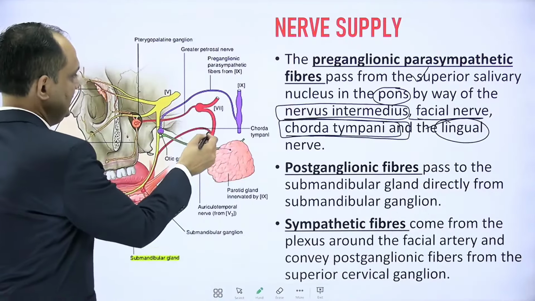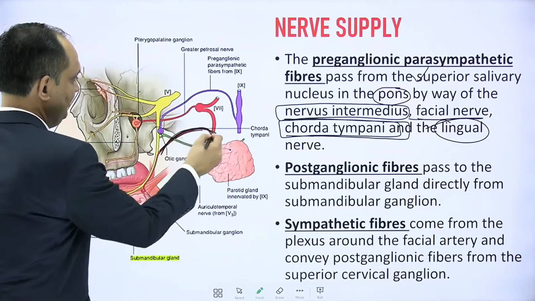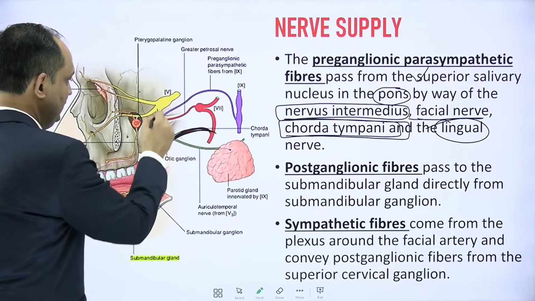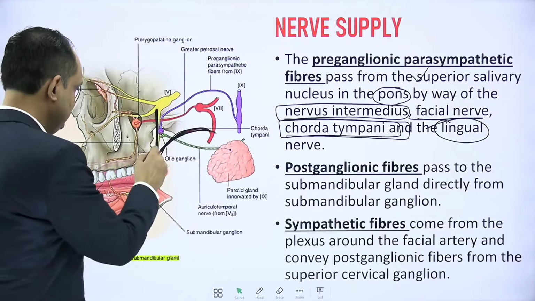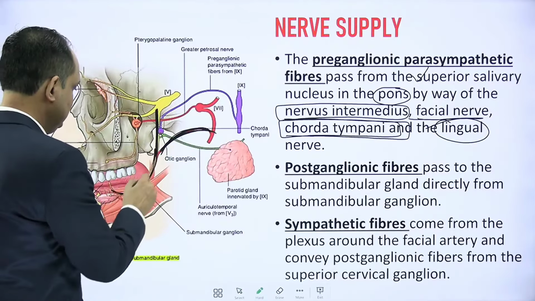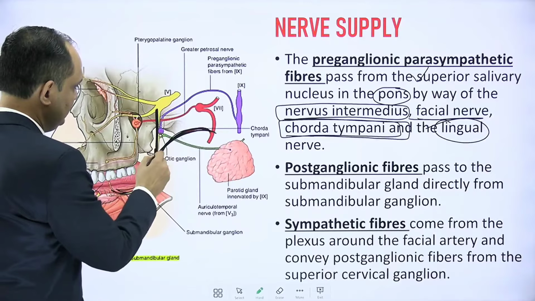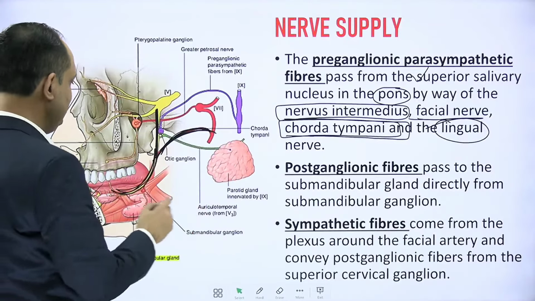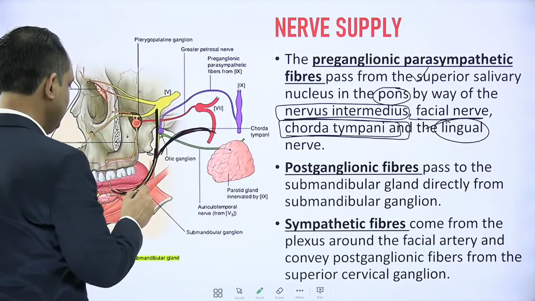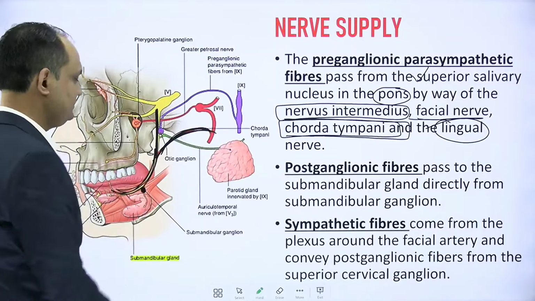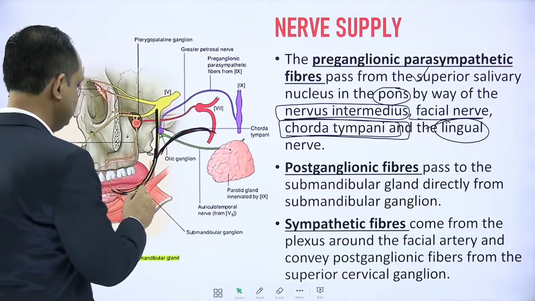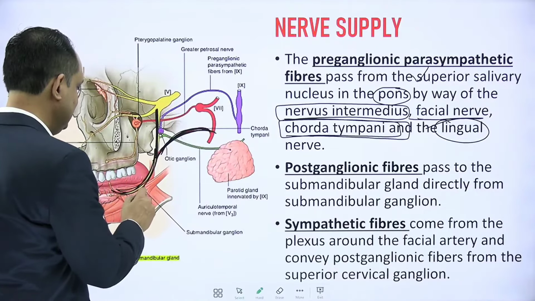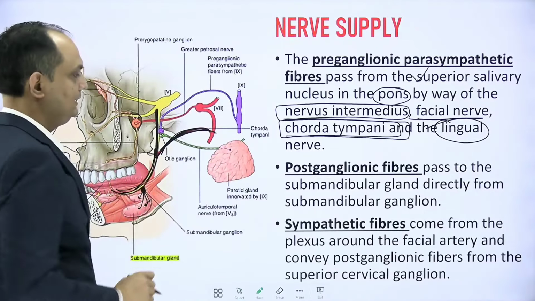Now, here you can see that this is your chorda tympani nerve, and this is your lingual nerve, which is a branch of your mandibular nerve. Now, this lingual nerve is going downwards, and in this lingual nerve, the fibers of chorda tympani will join, and ultimately these fibers will relay into the submandibular ganglion, which is present in the submandibular region itself, and the postganglionic fibers come out directly, and then they will supply the gland.